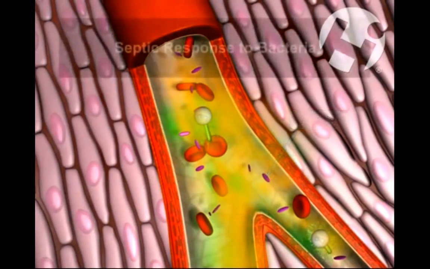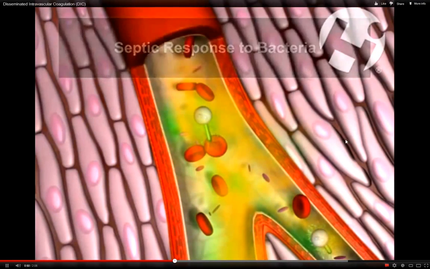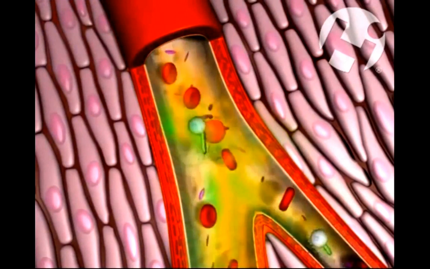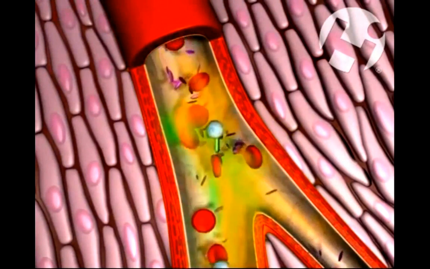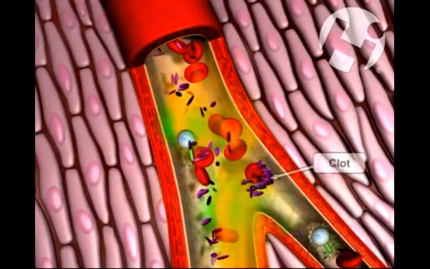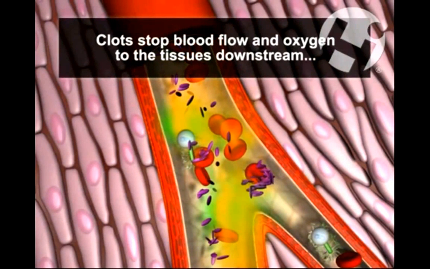So here's normal. Millions of red blood cells, a few white blood cells, platelets, and then clotting factors. But look what's starting to happen to those platelets. So disseminated intravascular coagulation in the vessels.